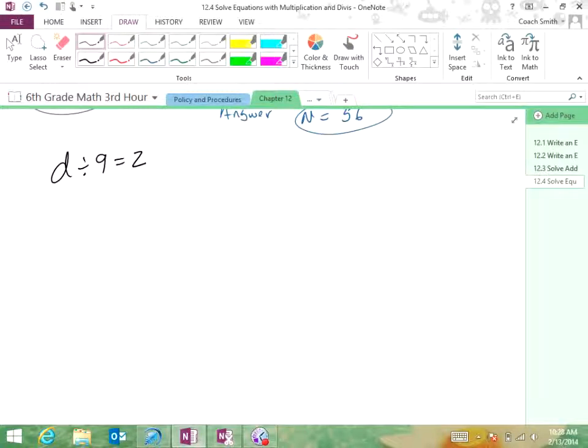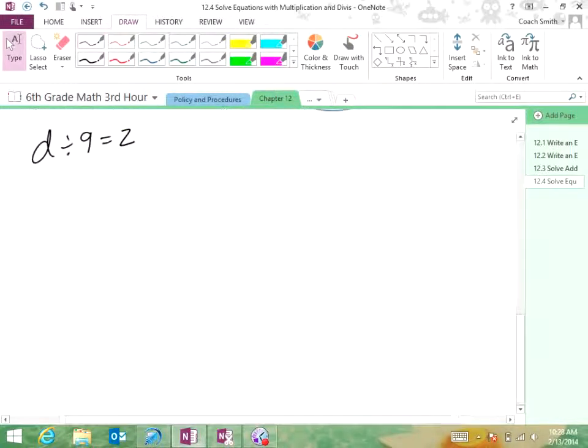All right. Drew, what did you get? 18. That is correct. So you have D divided by 9. The inverse of dividing by 9 is to multiply by 9. And we do the same thing on the other side. There's your inverse. Over here it cancels. Leaves me with D is equal to 2 times 9, which is 18.